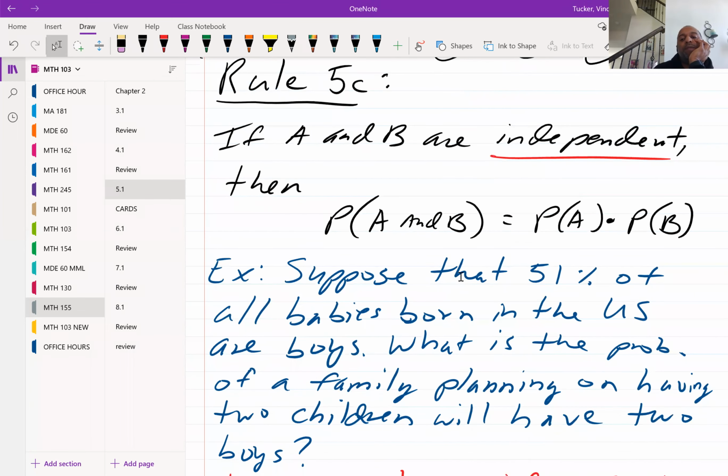So we have supposed that 51% of all babies born in the US are boys. What is the probability that a family planning on having 2 children will have 2 boys?